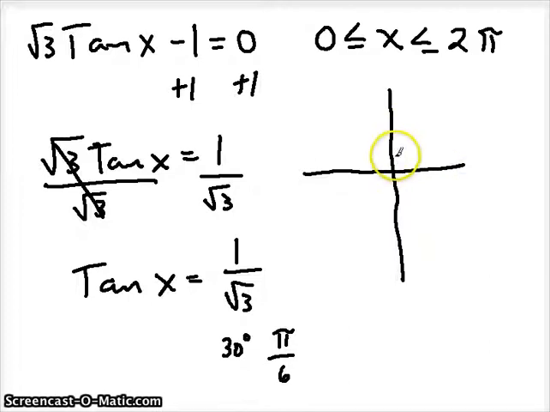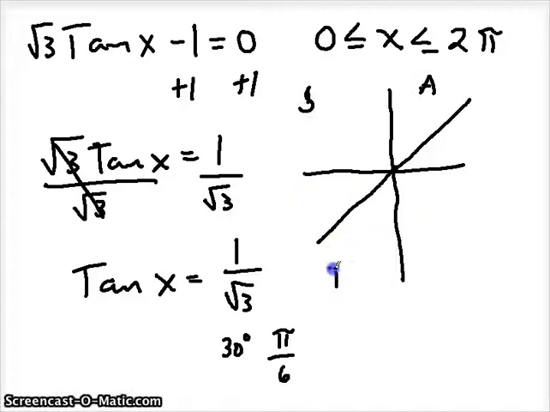Because I know that my reference angles are always going to be in these two quadrants. And the reason why I know that, I'm going to show you another nice little trick here. If you know what functions are positive and negative in each quadrant, it also is quite helpful. So I know that all of my functions are positive here.